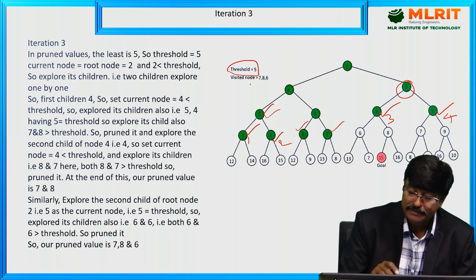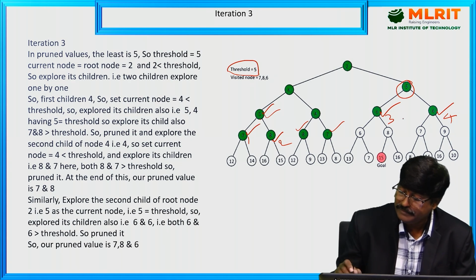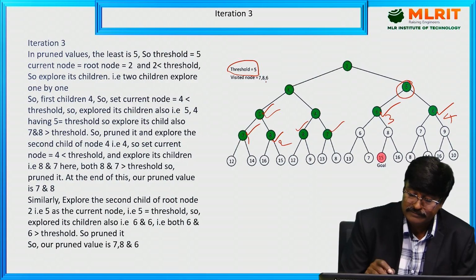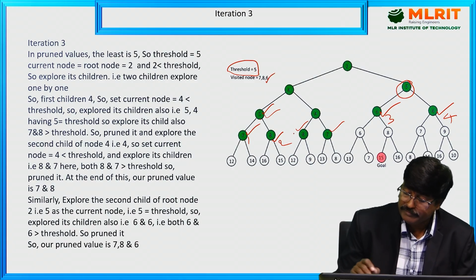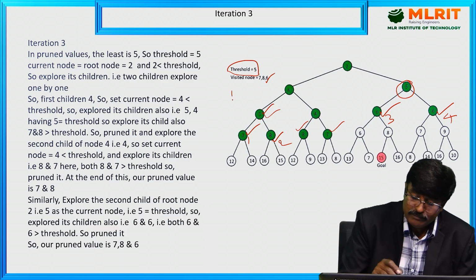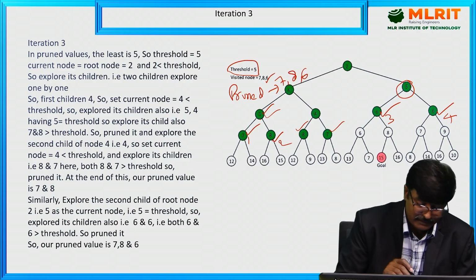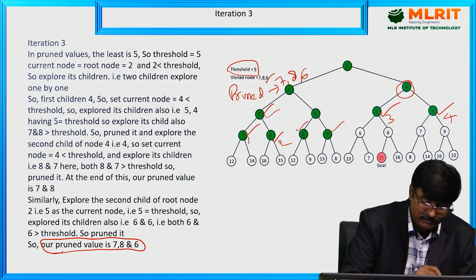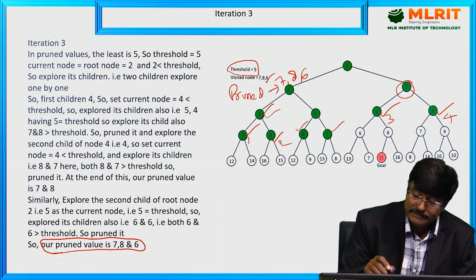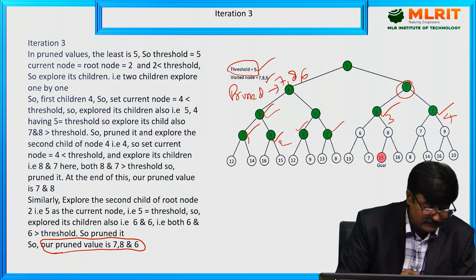When expanding 7, 8, 6, both are 6, so you keep a single value. So 7, 8, 6, all these nodes you have listed and you are keeping in the pruned list. Pruned values are 7, 8, 6, because all these are greater than the threshold value 5, so you keep them in the pruned list.